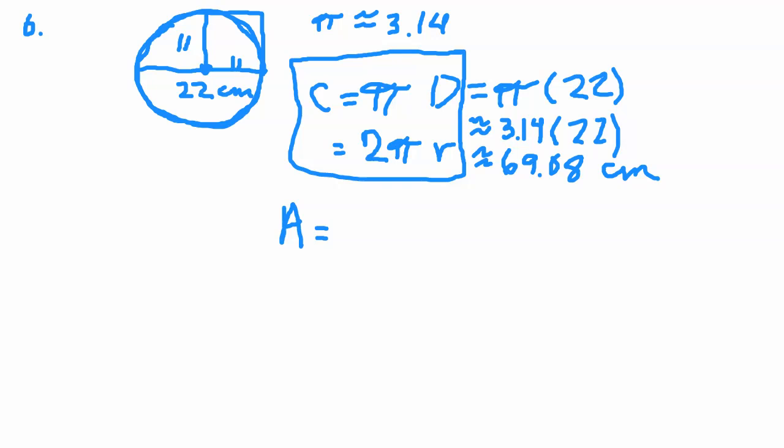Okay, so it takes a little more than 3 of these radius squares to fill in the full circle. So if you cut off this little corner and put it on the side, we have pi radius squares is the area of a circle.